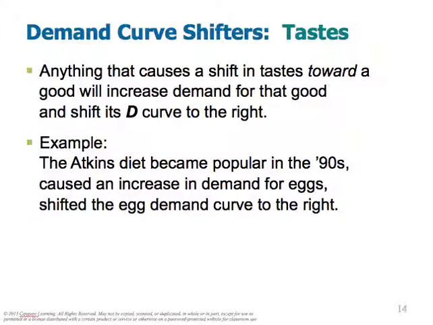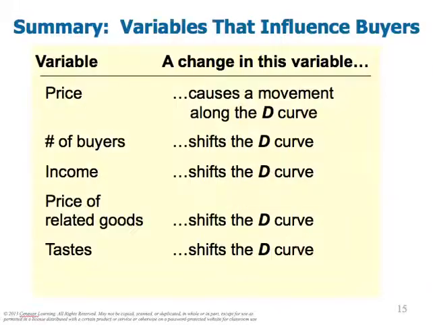Suppose that for some unknown reason people have started liking mango more than before. Then the demand for mango is going to go up. Remember again that the price of mango hasn't changed. The only thing that has changed is the taste for mango. People's taste for mango has changed, and that's why people's demand for mango is going to increase, and the demand curve would shift to the right. That's another example of a demand curve shifter.